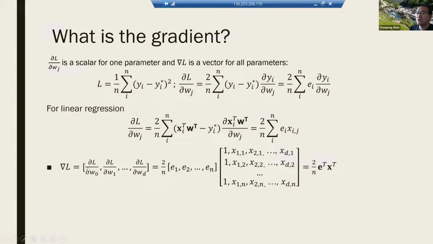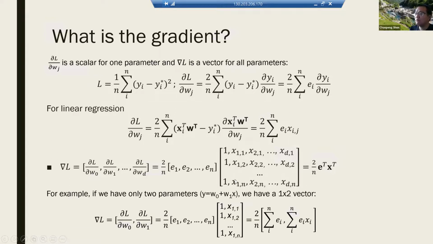So the derivative of L with respect to the parameters is 2 over n, times the errors times a multiplication with 1, 1, 1, 1, 1, and x, the first predictor. If we only have two parameters, y is equal to w0 times 1 plus w1x, so we have a 1 by 2 vector, two elements, two parameters.